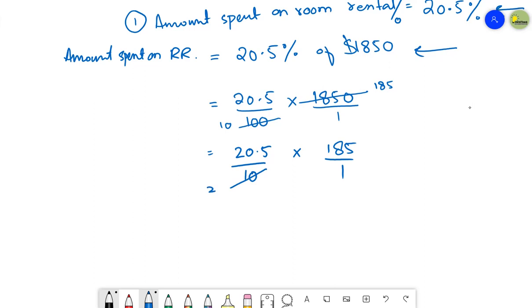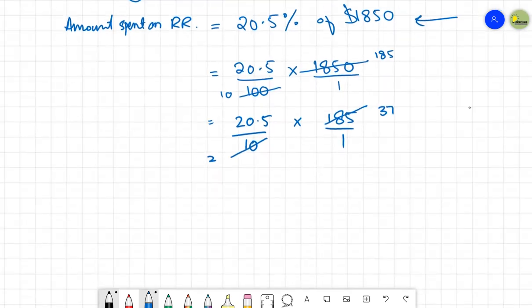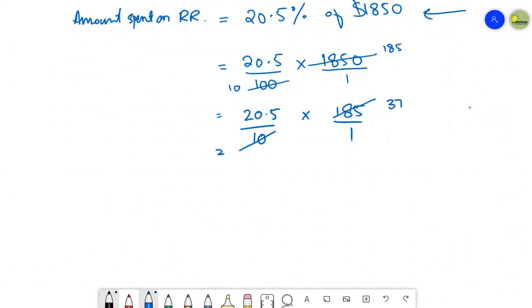So 5 twos are 10 and 5 37s are 185. You need to calculate it by solving it. Okay, I'm just doing it directly. So I can write 20.5 divided by 2 multiplied by 37 upon 1.